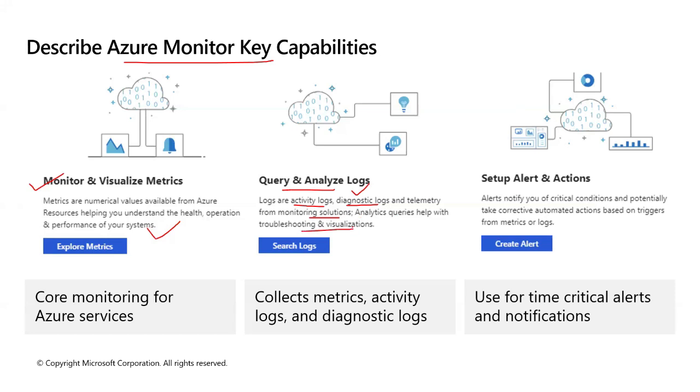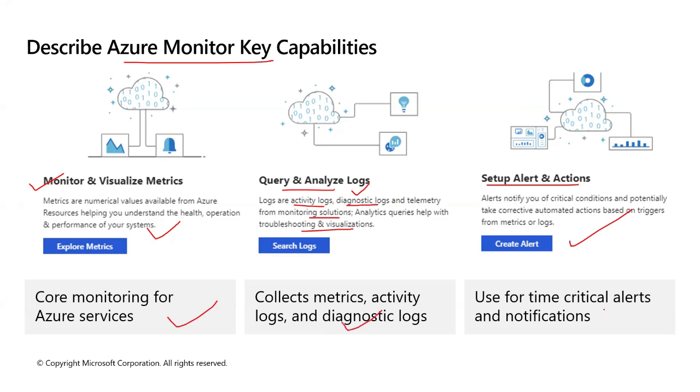You can search that. Once you search and get an alert and action, what kind of action am I going to take with the alerts? So I will have the specific alert. I'm going to create the alert. That's a time critical alert, right? So I'm going to monitor core Azure services. I'm going to collect the metrics, activity logs, and the diagnostic settings.